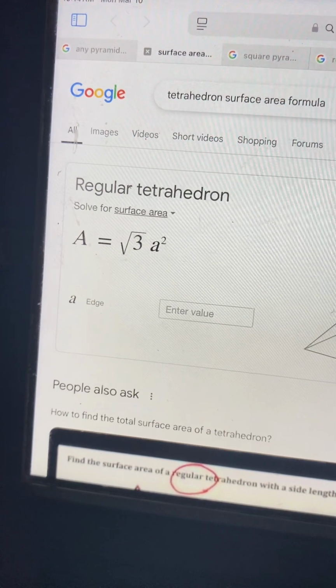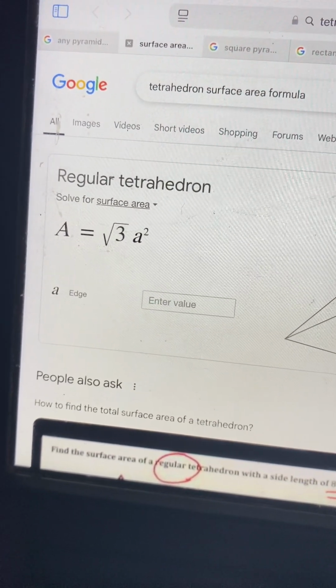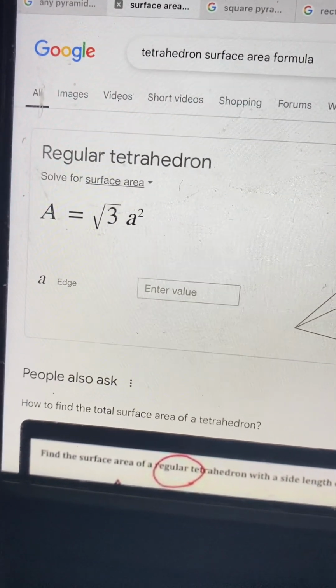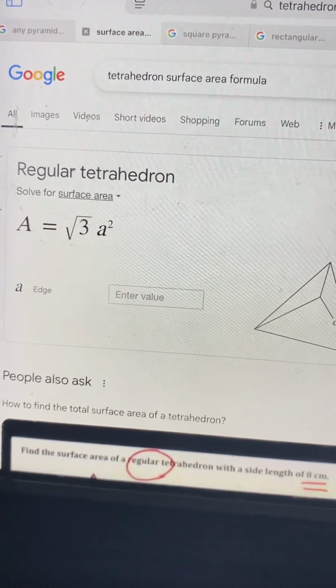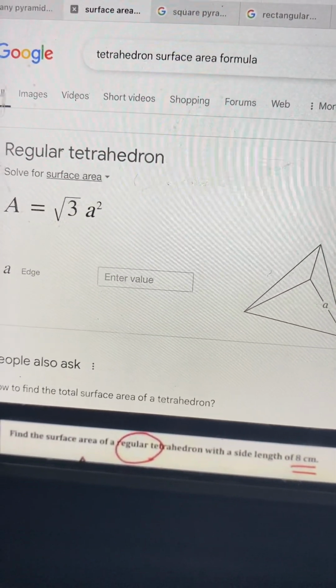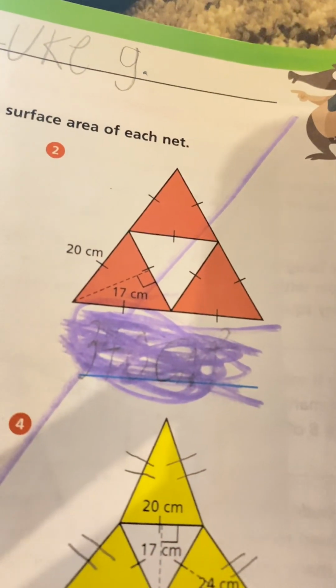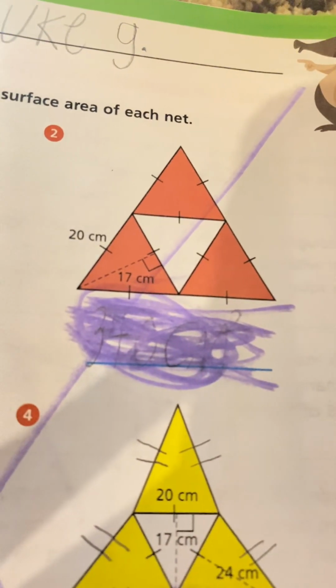So, we're finding the square root of 3 and then multiplying that by a times a, or a squared. So, let's look at the tetrahedron net. What is the edge?